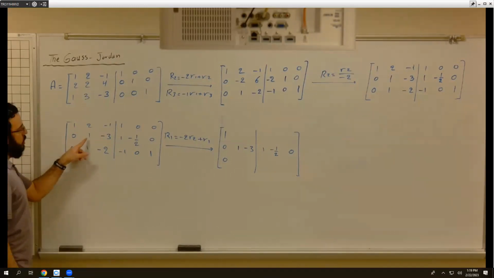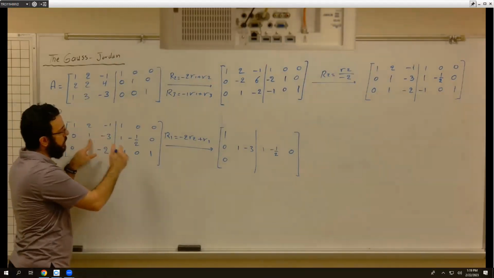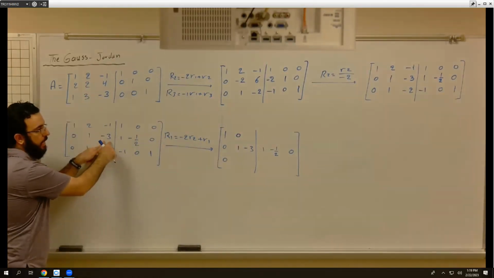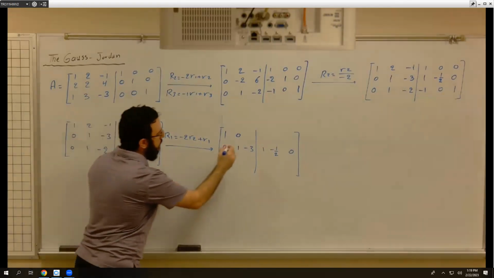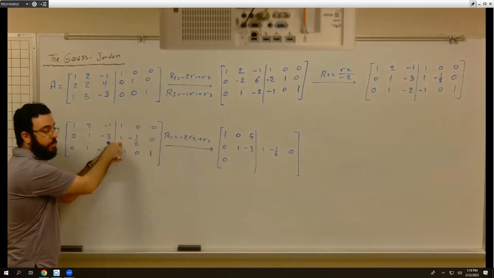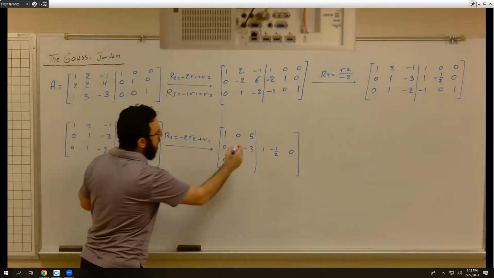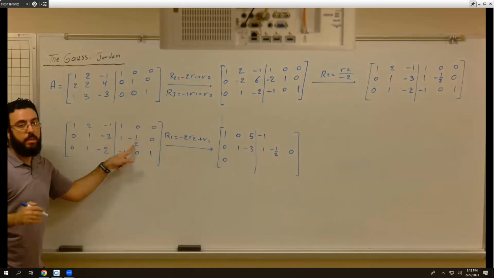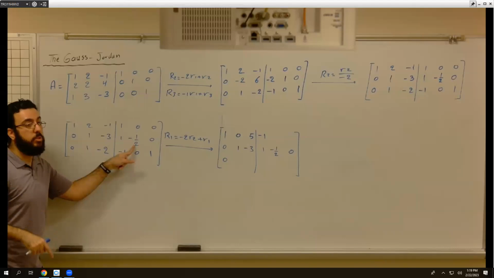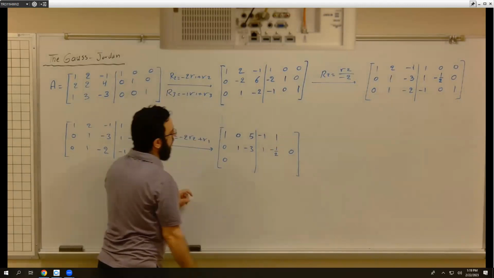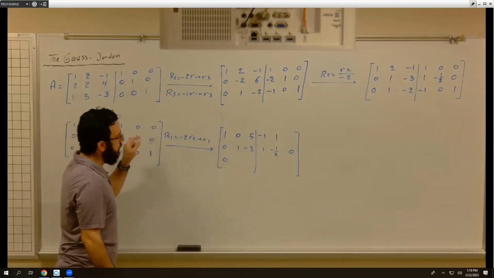So -2 times 1 is -2. Add to the 2 is going to be 0. -2 times -3 is going to be 6. -1, 5. -2 times 1 is going to be -2, plus 1, -1. -2 times -1/2 is going to be 1. 1 plus 0 will be 1. -2 times a plus is going to be 0.